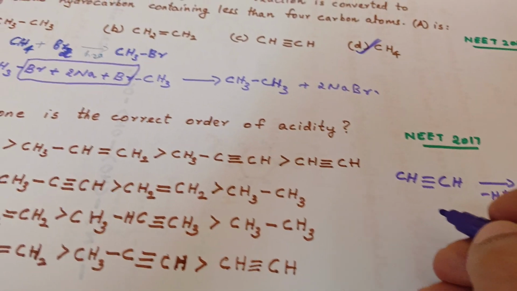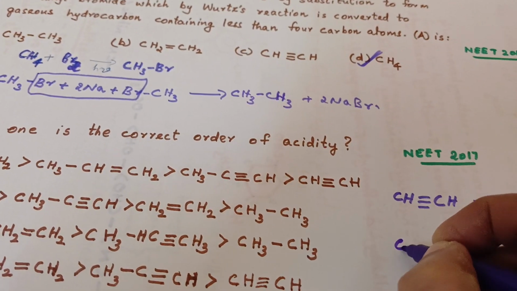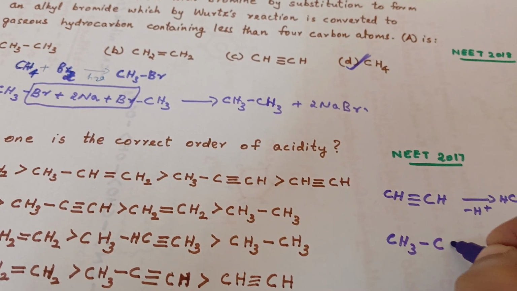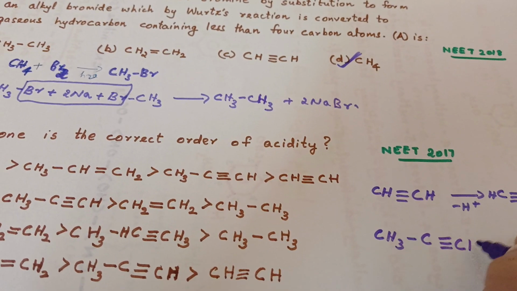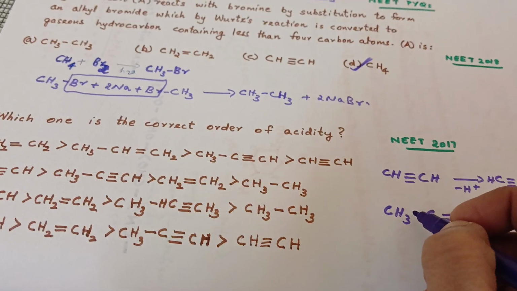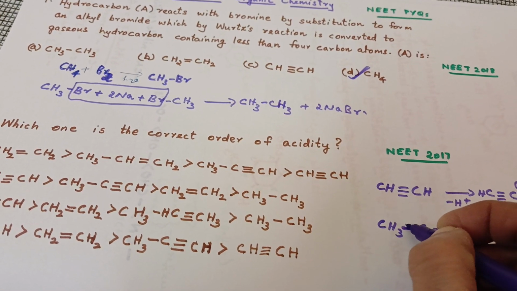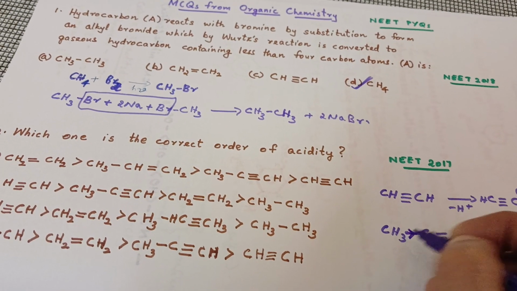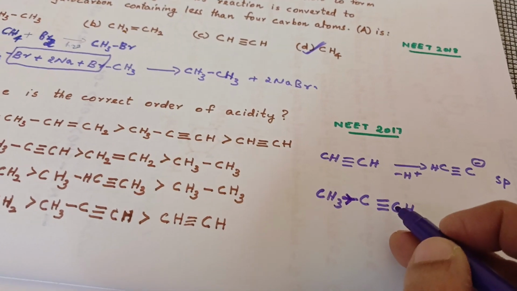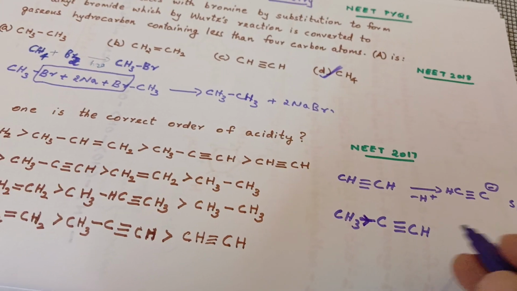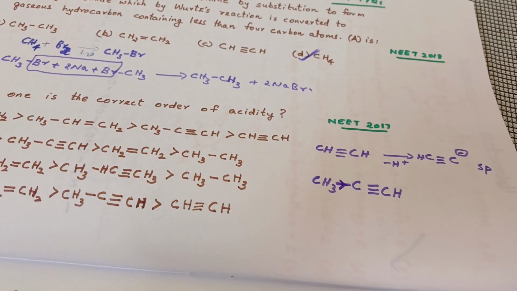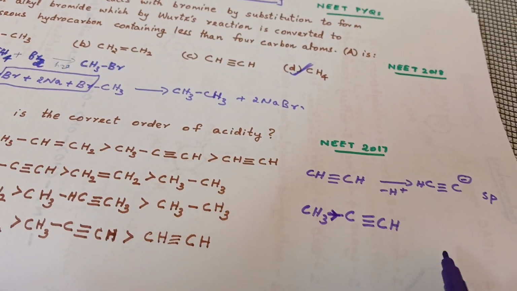But say in this compound, CH3 C triple bond CH, again here also there is a triple bond, but this methyl group is an electron donating group. So that will destabilize the negative charge on this carbon, it will destabilize the conjugate base. So that will decrease the acidity.